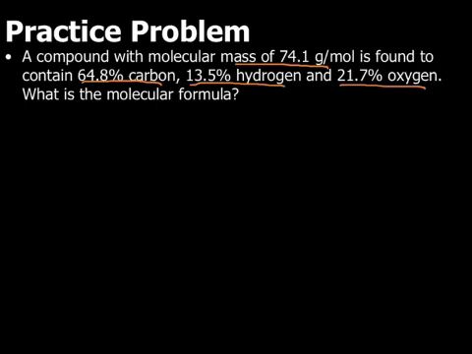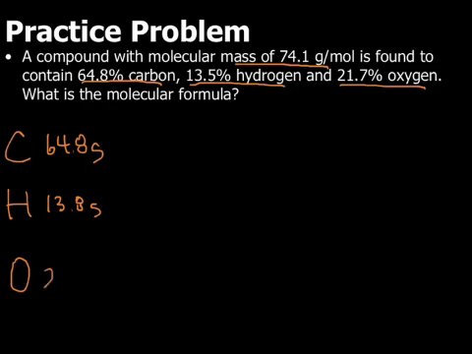Just like we've done the empirical formula problems in the past, I'm going to make a list of all my elements present. Since these are given in percents, I'm going to assume 100 grams. So I have 64.8 grams of carbon, 13.5 grams of hydrogen, and 21.7 grams of oxygen.